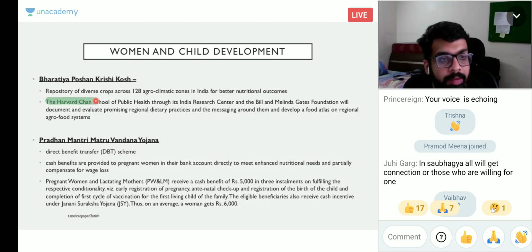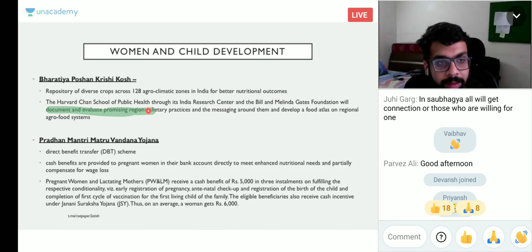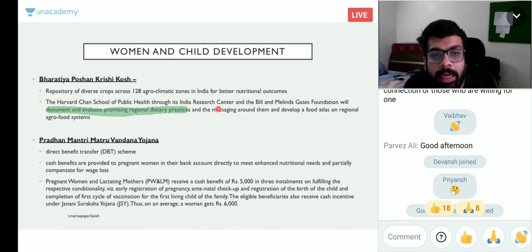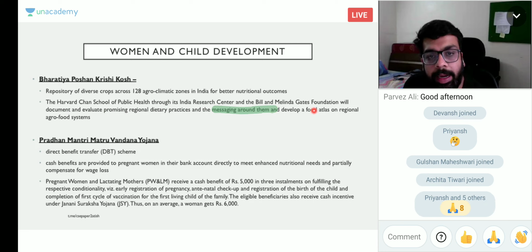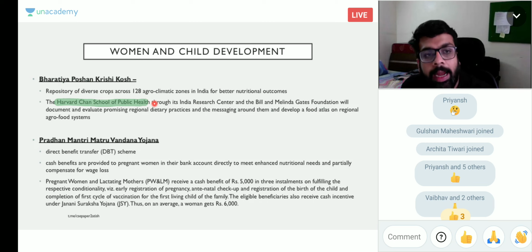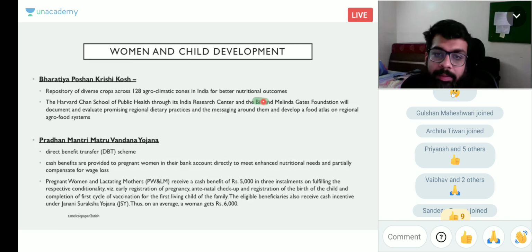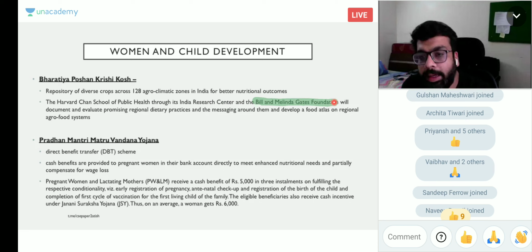Now, the Harvard Chan School of Public Health, through its India Research Center and the Bill and Melinda Gates Foundation, will document and evaluate promising regional dietary practices and the messaging around them and develop a food atlas on regional agro food systems, which basically means the technical know-how for this scheme will be given by the Harvard Center of Public Health, and they have a subsidiary organization in India called the India Research Center. It's actually based out of Bombay. It's funded by the Piramal Foundation, and the funding for the same, in addition, will also be coming from the Bill and Melinda Gates Foundation.